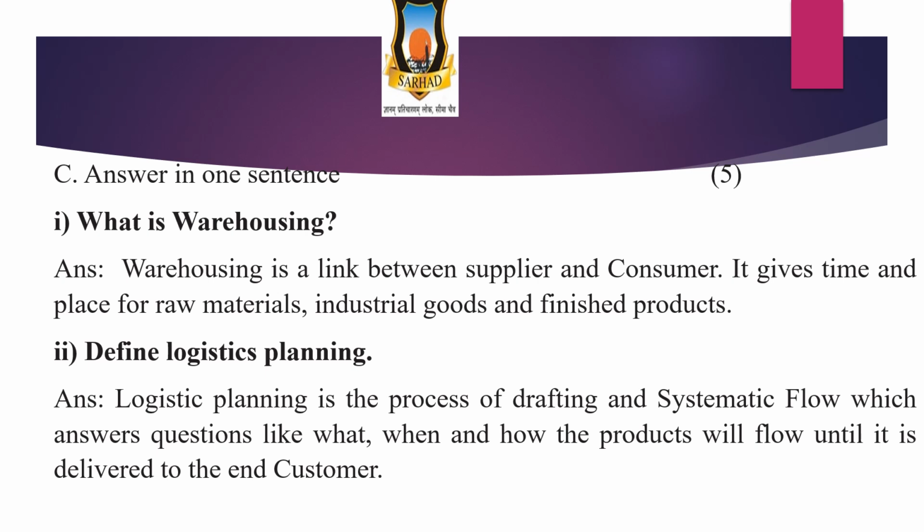The second question is, define logistics planning, and the answer is: logistics planning is the process of drafting a systematic flow which answers questions like what, when, and how the products will flow until they are delivered to the end users.